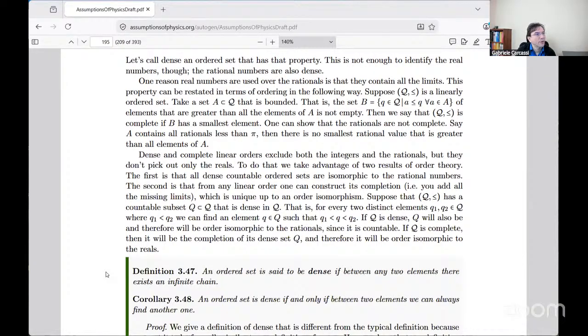So the real numbers contain a countable dense subset, which is the rationals, and they are the completion of the rationals. And since the completion is unique, and since every countable dense order is isomorphic to the rationals, then you always get the reals as a completion.